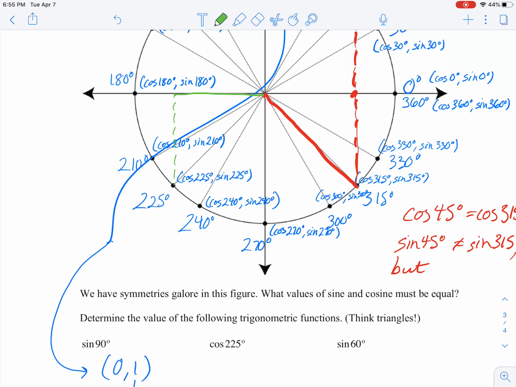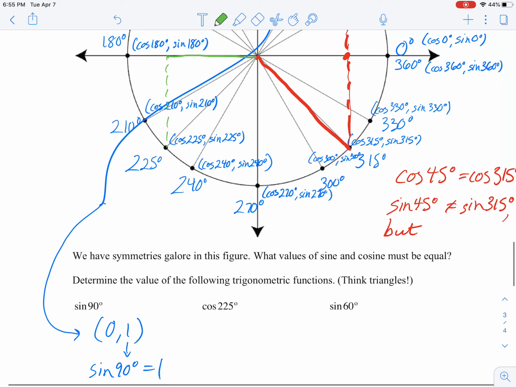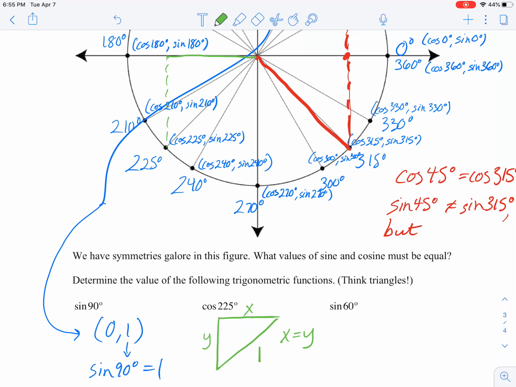Let's use our triangles. We know that we are dealing with a figure. Let's sketch it for ourselves again over here, where the radius is 1, and we know that this value and this value are equal.